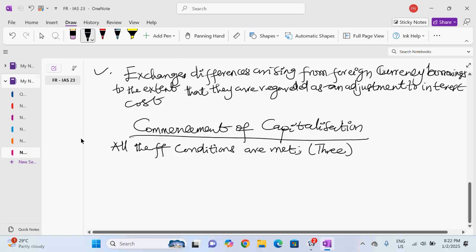When these three conditions are met: one is that the expenditure for the asset is being incurred.